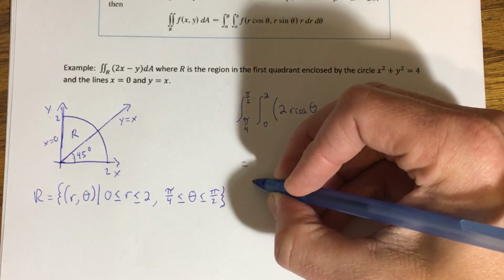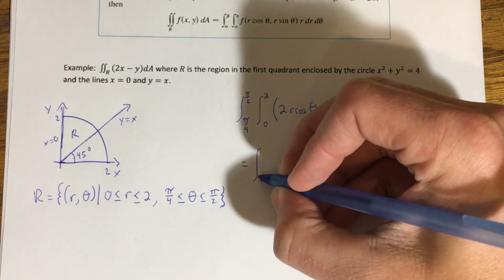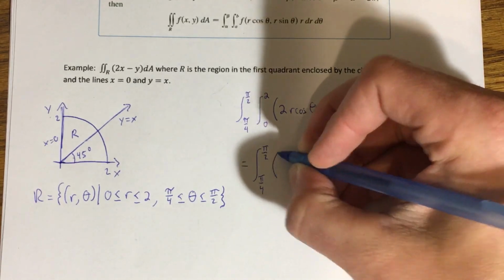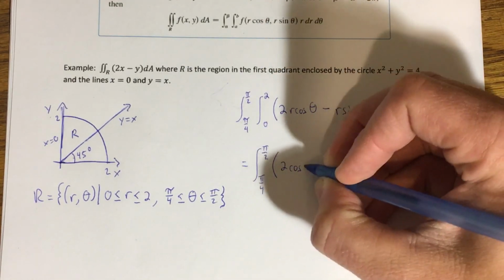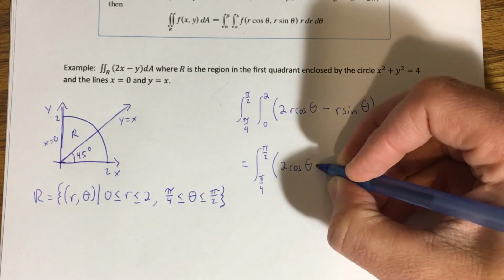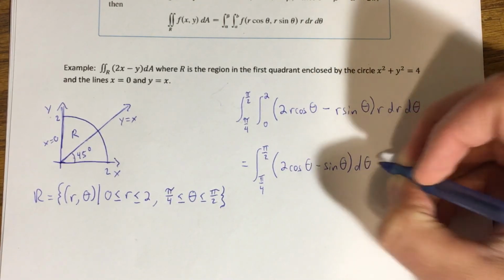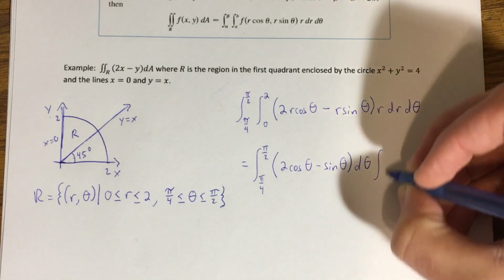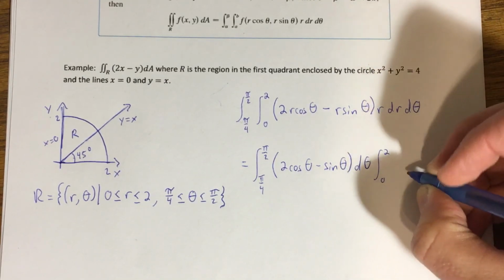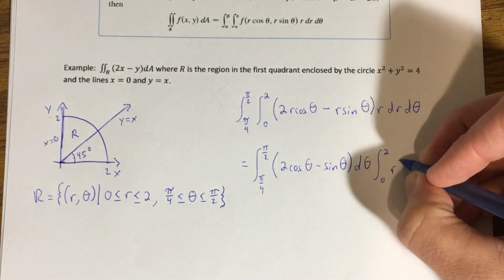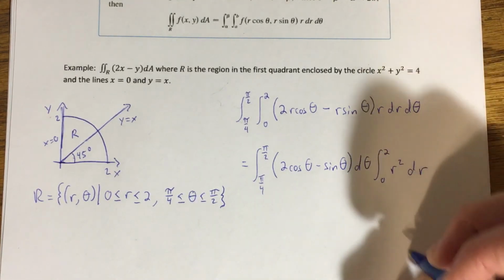So that means I can write this as the integral from pi over 4 to pi over 2 of 2 cosine of theta minus sine of theta d theta times the integral from 0 to 2 of, remember this r was pulled out, multiplies with this r to become r squared dr.